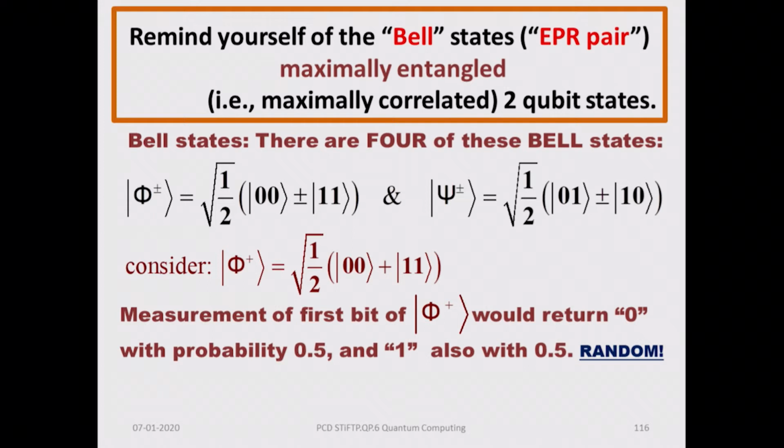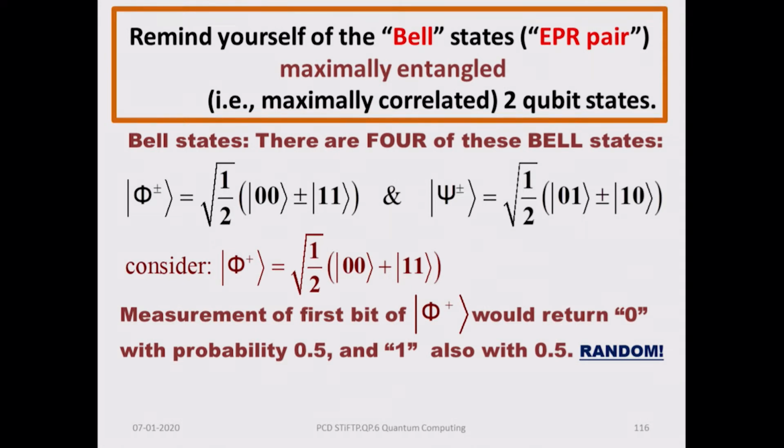And if you carry out a measurement on this state and it returns the value 0, then the probability that you will get this answer is only half, because it is a superposition of 00 and 11, right.